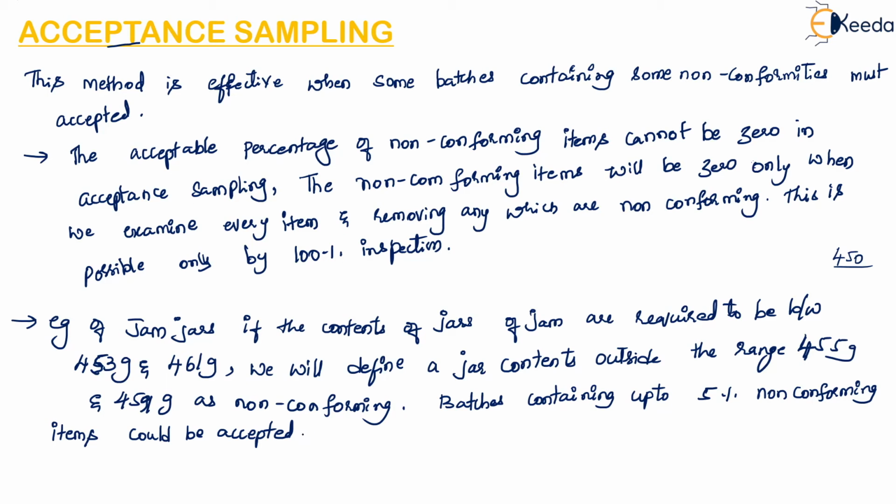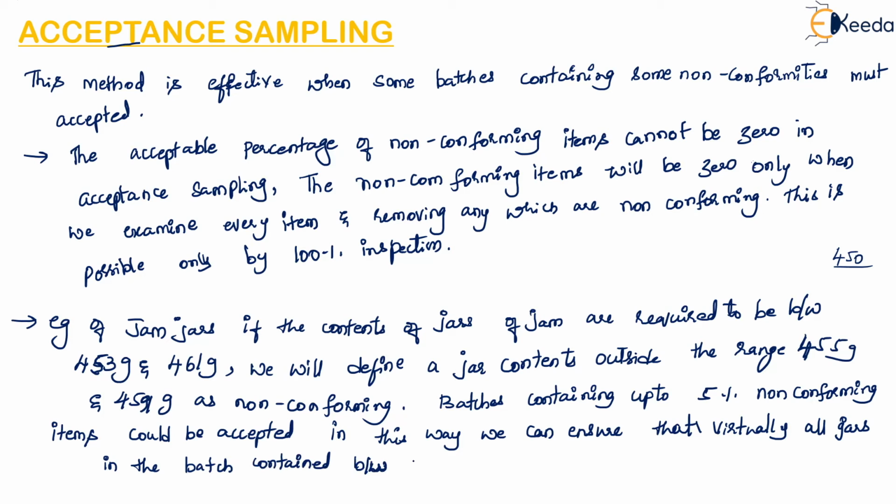In this way, we can ensure that virtually all the jars in the batches contain between 453 and 461 gram. So this is about acceptance sampling by attributes. Now the operating characteristic curve we have already studied.